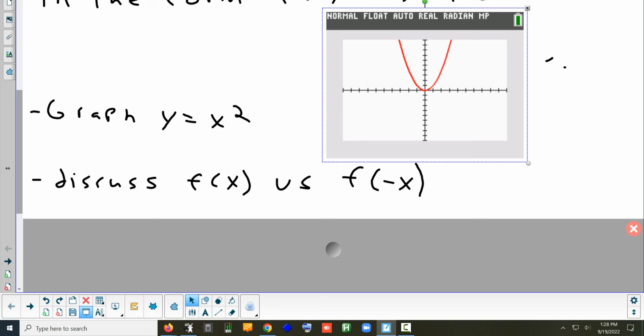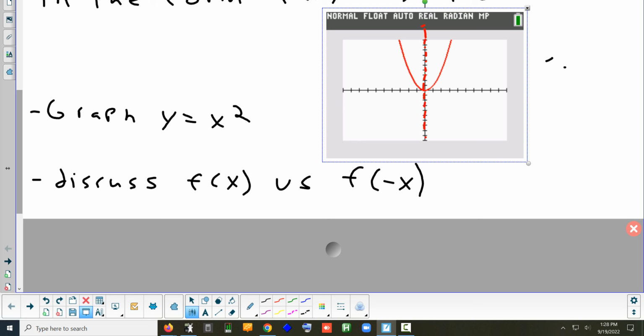Yeah, it did flip it. But a parabola is not a good one to see it on because it flipped it right over that red dotted line. If you flip it, it's exactly the same. Okay? So in this case, there was no difference. But we will talk about some where the negative does make a difference.